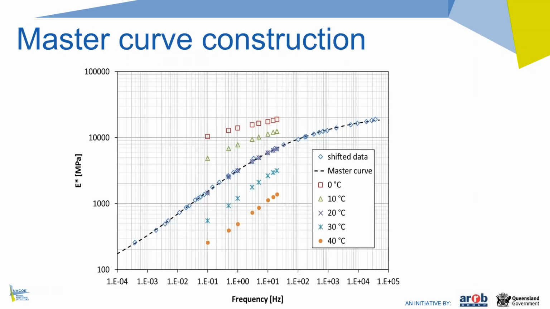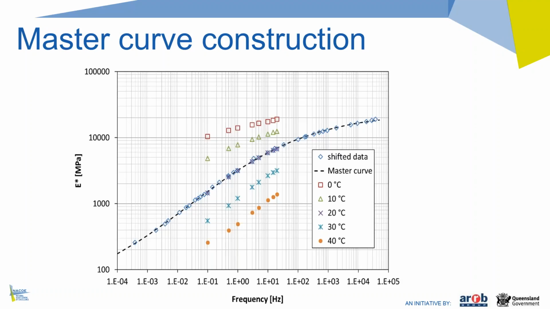I'm now going to talk you through the master curve construction in a couple of steps. So, like I said on the earlier slides, we run tests at different temperatures, as you can see here, and over different frequencies.